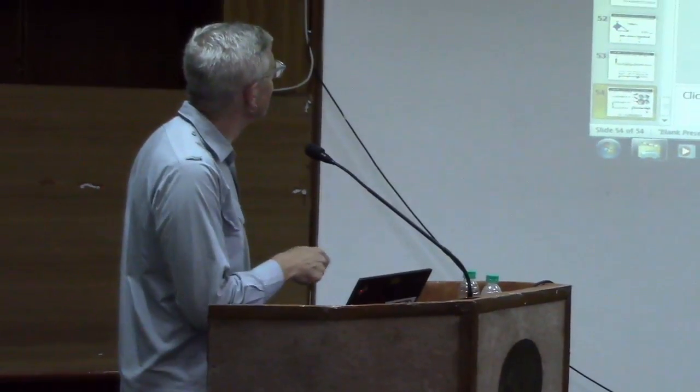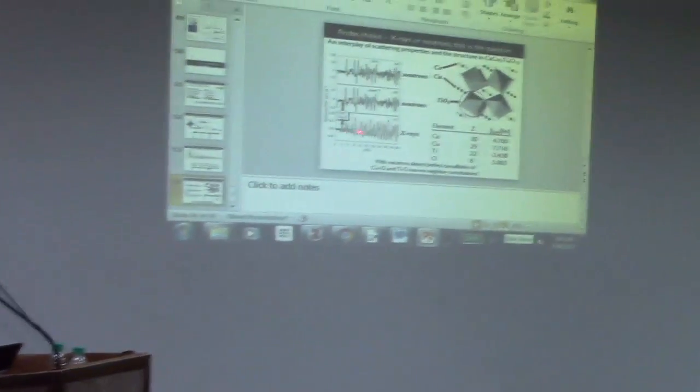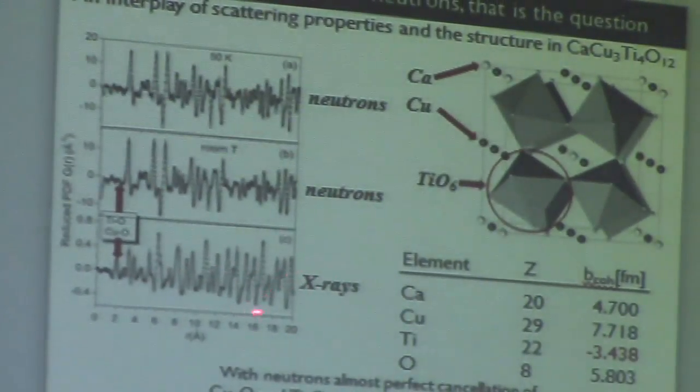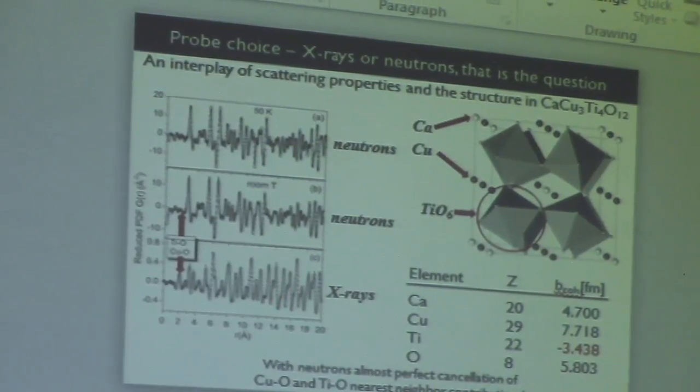Oh, negative peak. Oh, I see what you're saying. So you're saying that you can see negative peaks, but I'm saying that there are no negative peaks with X-rays. Okay, so no, but it's an interesting question. Like this is 0, right? This is 0, and so this looks like a negative peak, right?